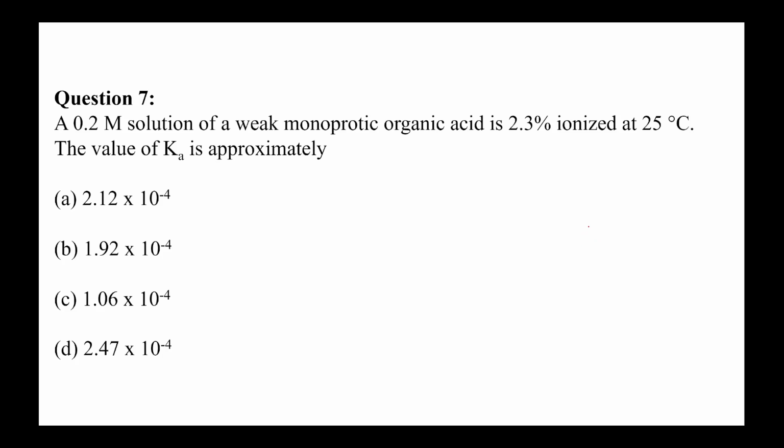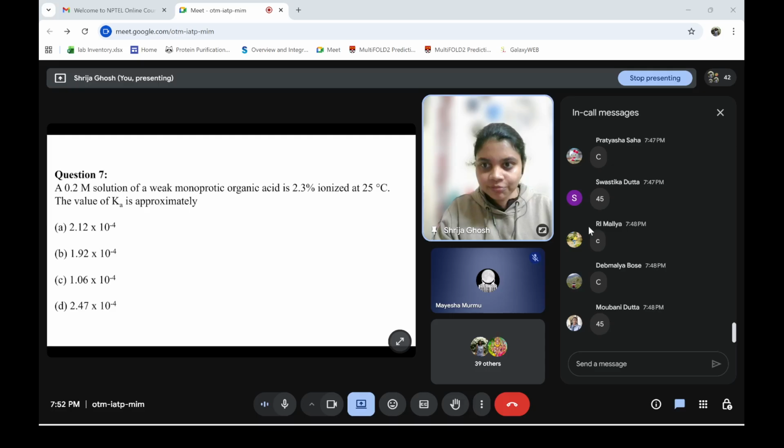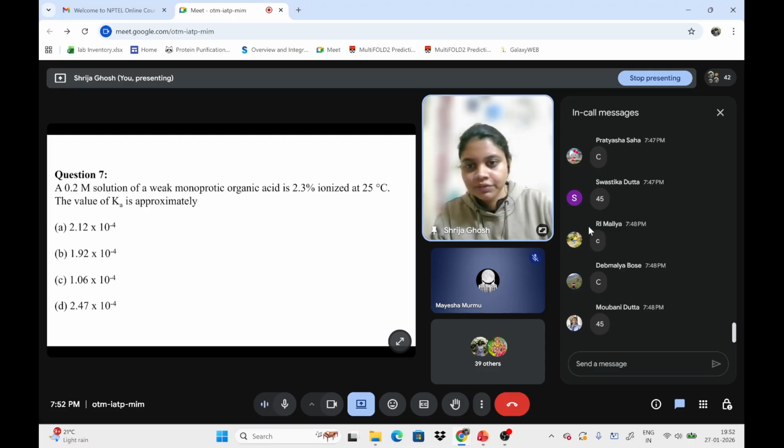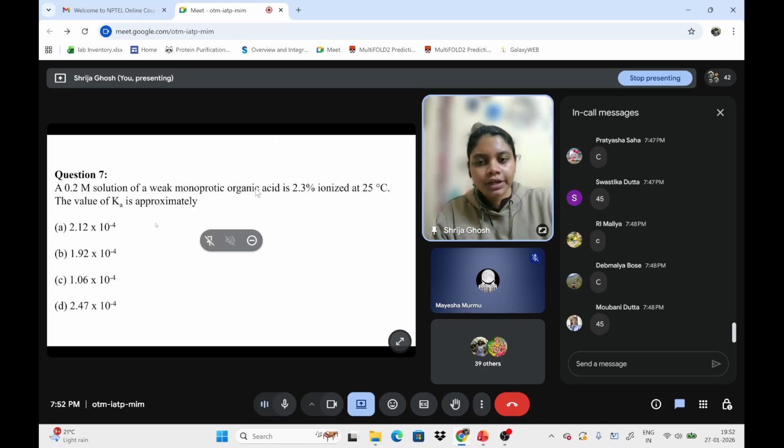Question number 7. A 0.2 molar solution of a weak monoprotic organic acid is 2.3% ionized at 25 degrees Celsius. The value of Ka is approximately. Now this is something different from what we have been solving till now. So we have a monoprotic organic acid.